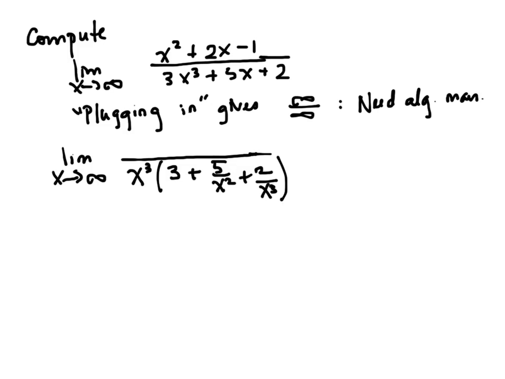Okay. Now if we want to cancel that x cubed, we should also factor an x cubed out from the numerator. Oops, that was -1.